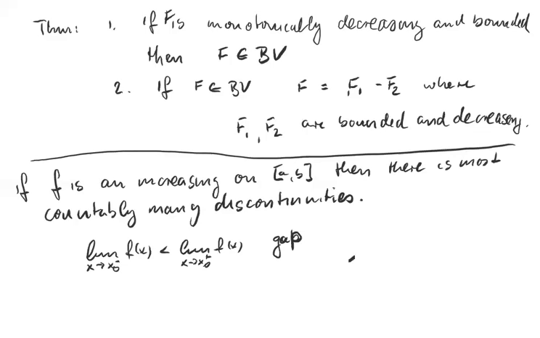So to show that this is the only possibility of a discontinuity, though, is a little harder. But is it because the domain is compact? It doesn't have to have compact domain. There's no reason for that. But the discontinuity of the second kind cannot happen for an increasing function.